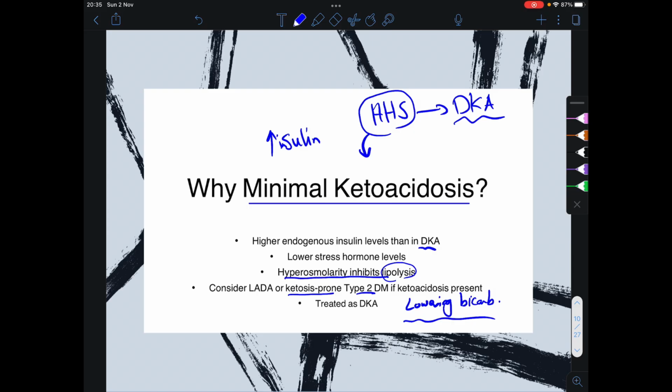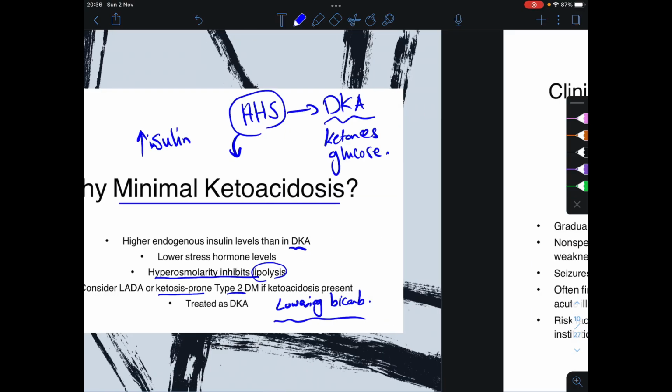We try to introduce insulin to prevent the production of ketones and progression of the disease, because with HHS, our main goal is to treat the hyperosmolarity. So we don't want to go into DKA, where the treatment becomes more complicated, and now you have to treat the ketones and the glucose. That will make things much more complex.